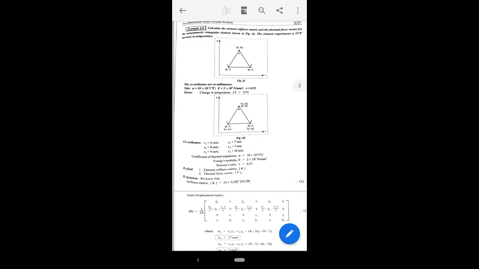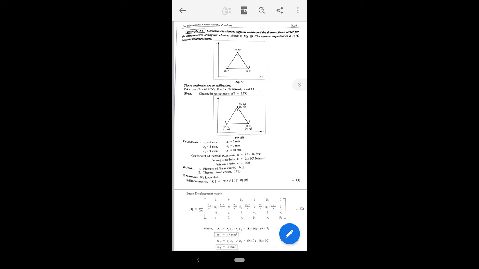Coordinates r and z, and 1, 2, 3 are the node coordinates: 6, 7, 8, 7, 9, 7. Also assume the thermal expansion coefficient alpha, the Young's modulus E and the Poisson ratio.